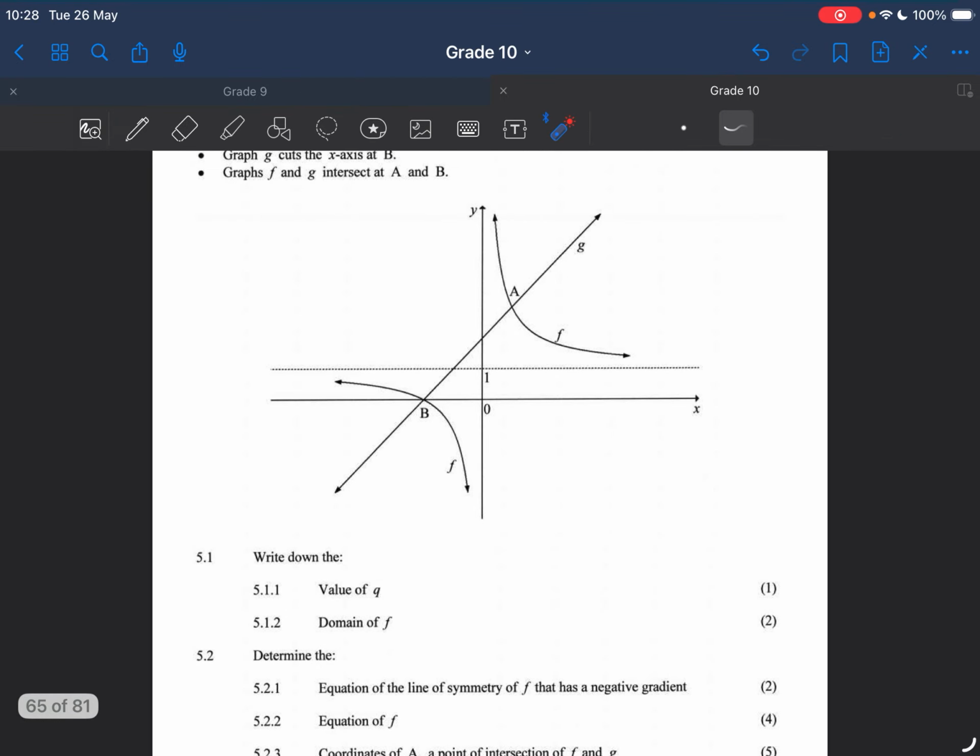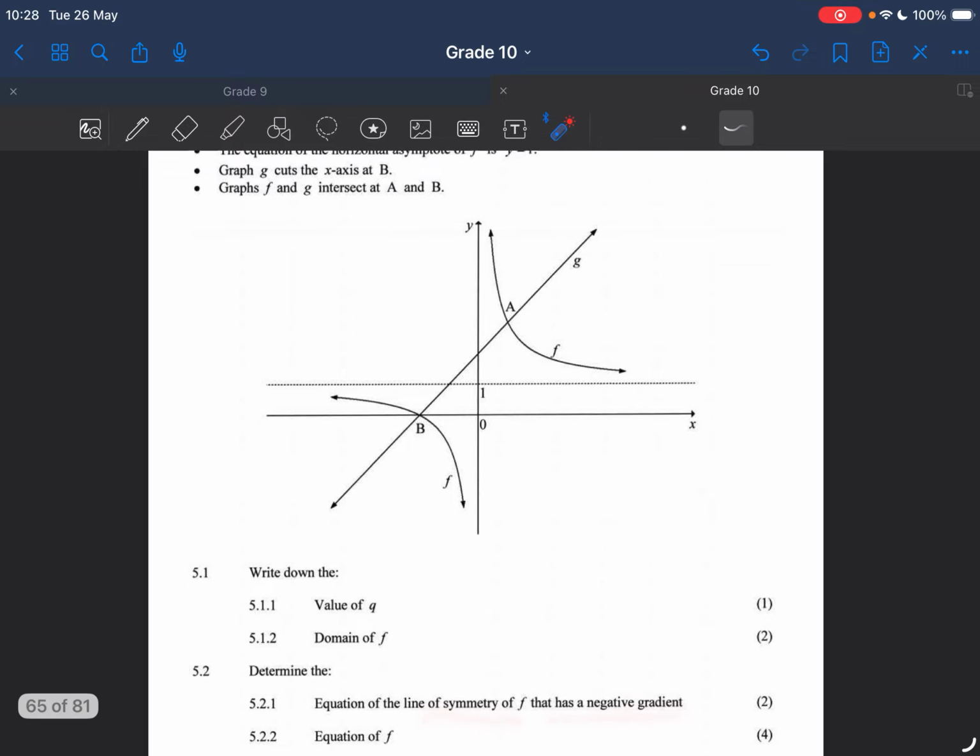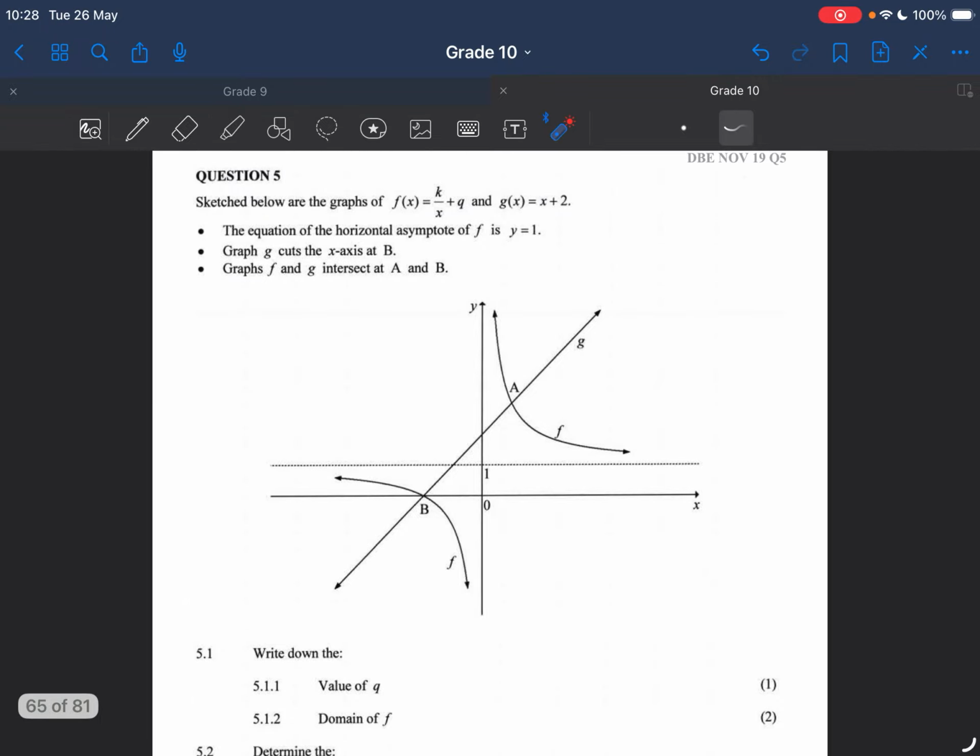Alright, 5.2.1. Determine the equation of the line of symmetry of f that has a negative gradient. So f is this graph here, a hyperbola. A hyperbola has two lines of symmetry. The lines of symmetry form an X shape and they meet at the point where your asymptotes meet. So where do our asymptotes meet?